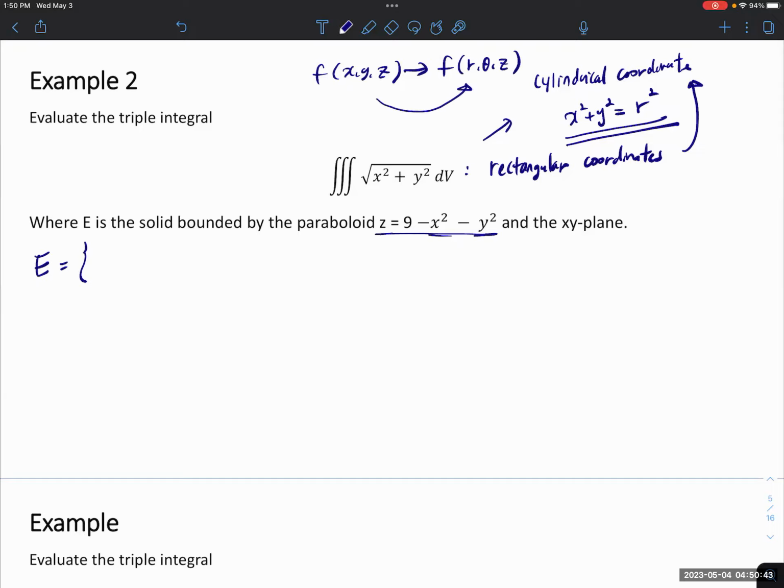So I'm going to find out the interval for each of r, theta, z. First of all, the easy one, we can find theta. Theta is going to be 0 to 2 pi. And obviously, this is a circle, a half circle equation. So yep, circle, the total angle should be up to 2 pi. So that's so obvious.